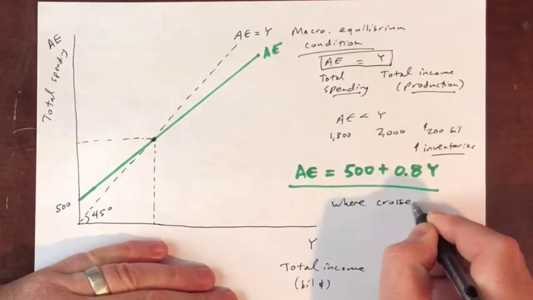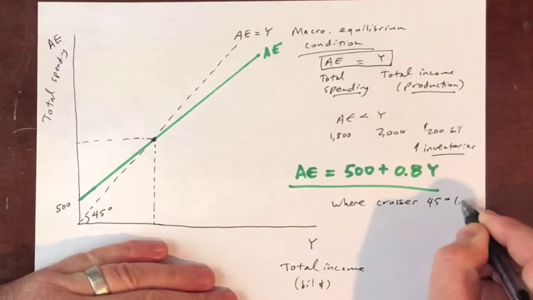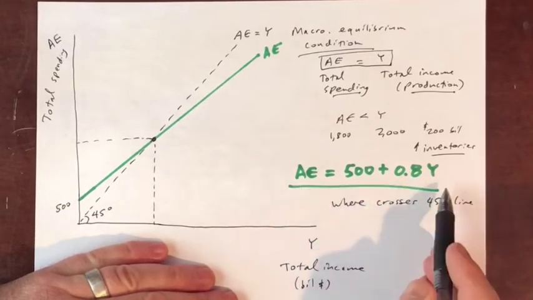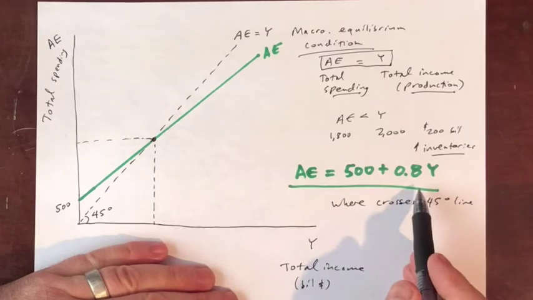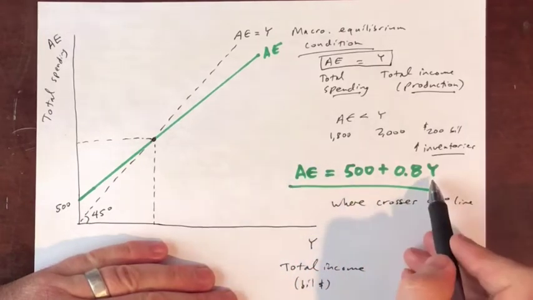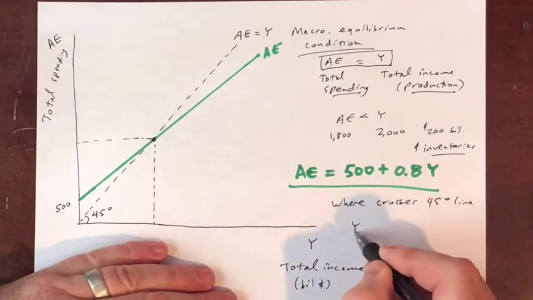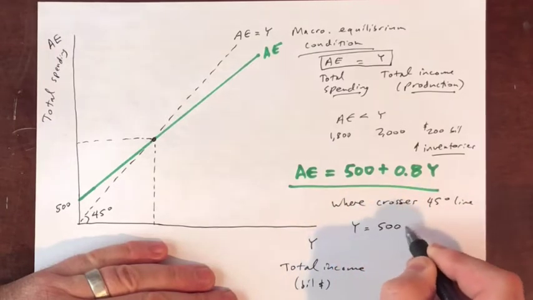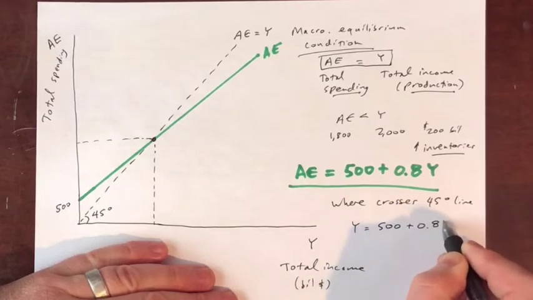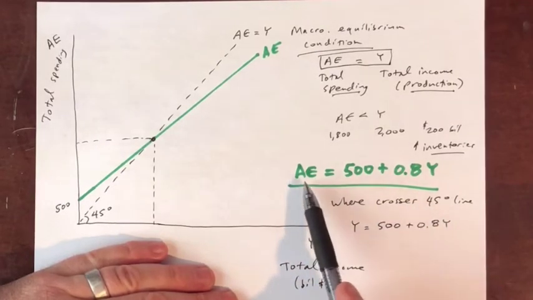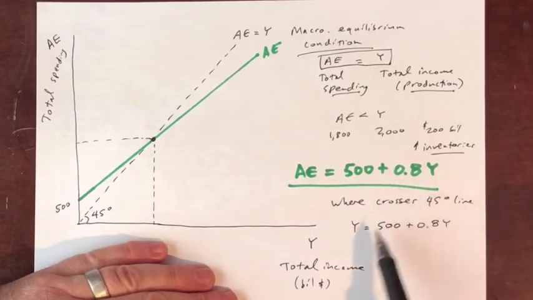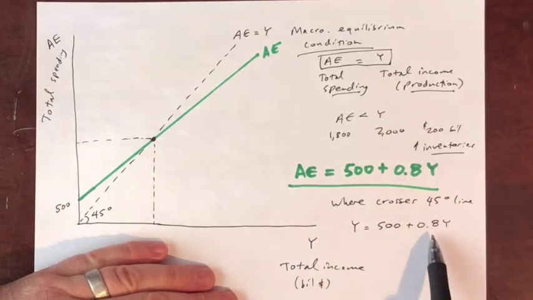So where it crosses that 45-degree line, that condition is going to be met. If that condition is met, that means if AE equals Y, we can rewrite this expression like so: Y equals 500 plus 0.8 times Y. You can see why that's the case. AE is Y, so we can put Y in there. Okay, so now we want to get the Y's on one side.